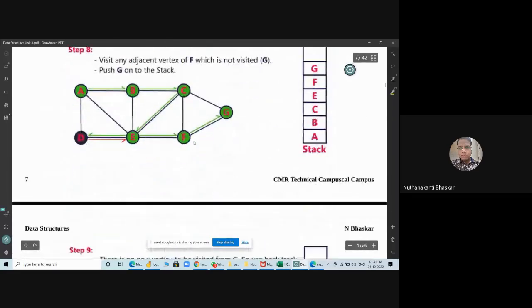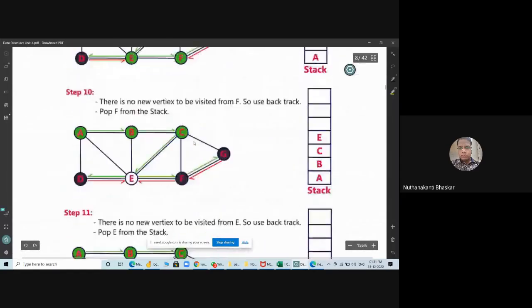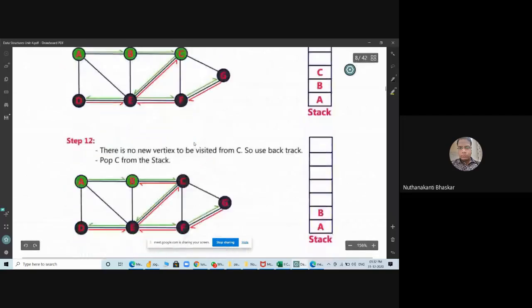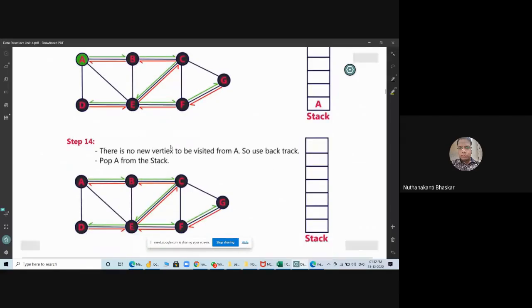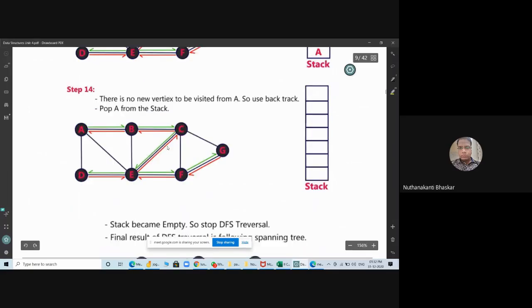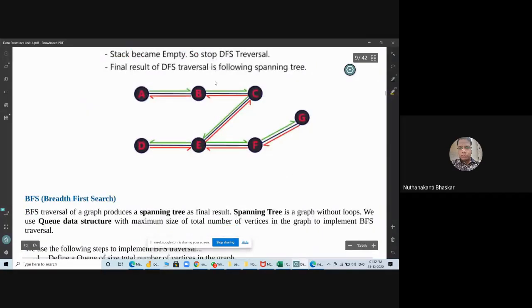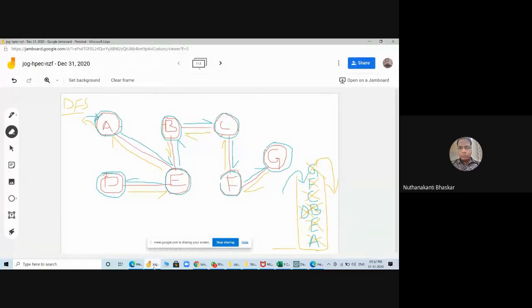Different people will get different answers. Don't get confused. We can choose any node as the start node, and we can visit any unvisited node at any time. For this procedure the spanning tree is like that, but when we solved, the spanning tree is like this.